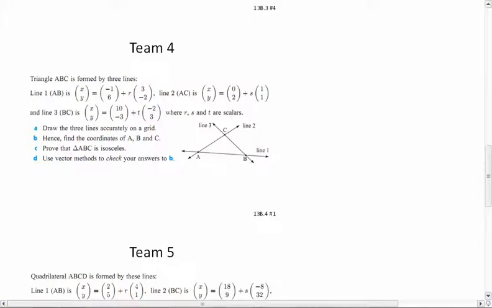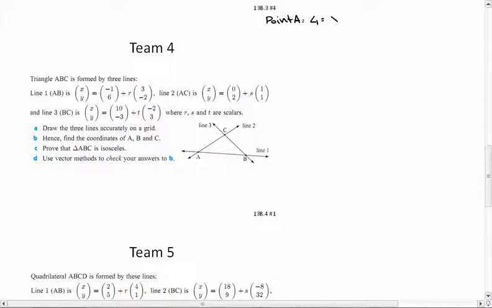Alright, so we decided to do part B first because we thought it would be easier to graph once you have the points from part B. So you would start by finding point A. You would write the form in a different way and use lines 1 and 2, because point A is the intersection of lines 1 and 2.